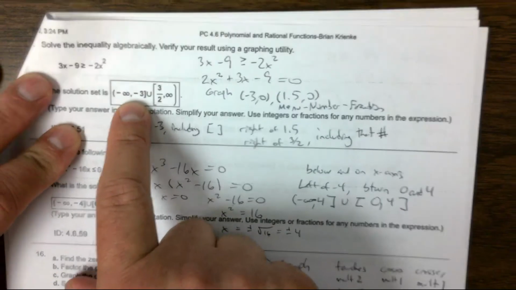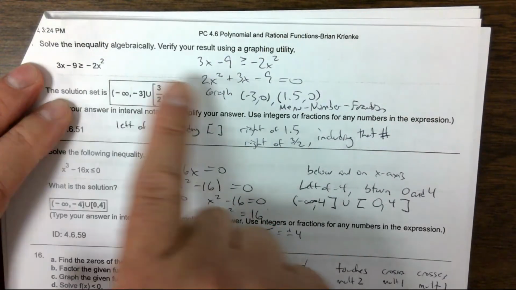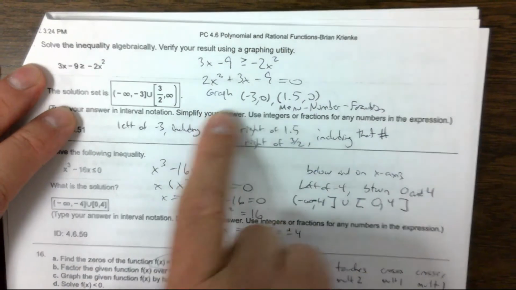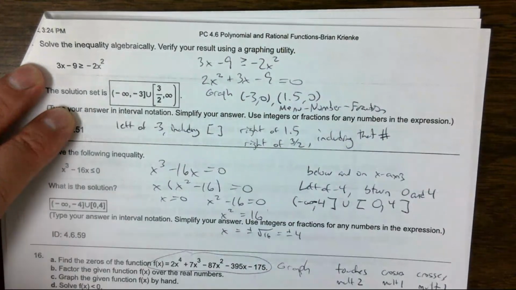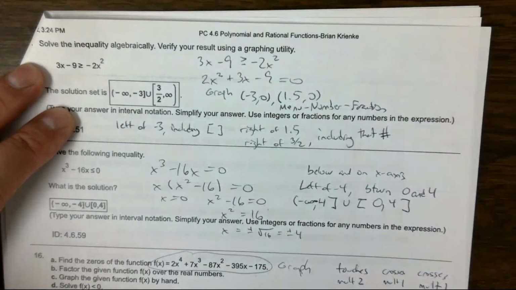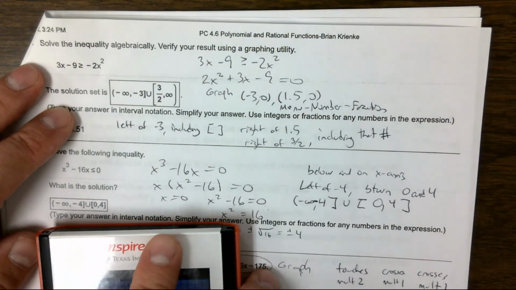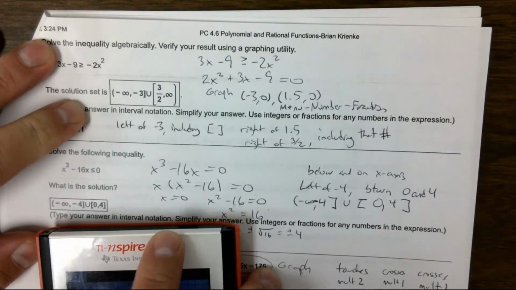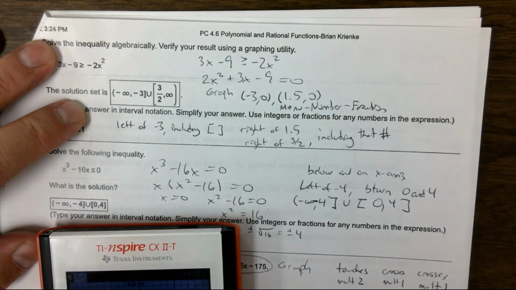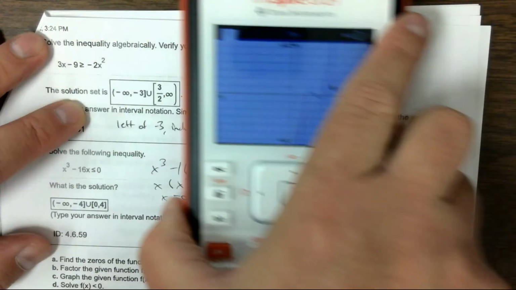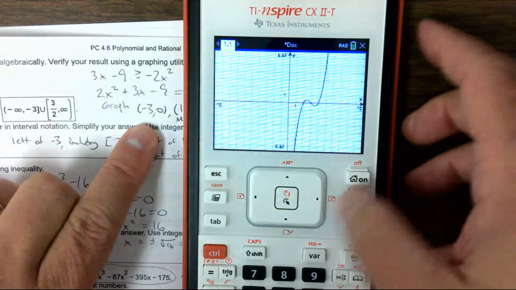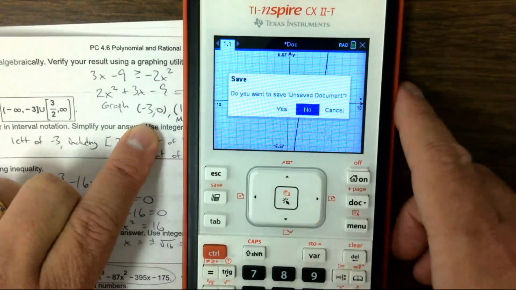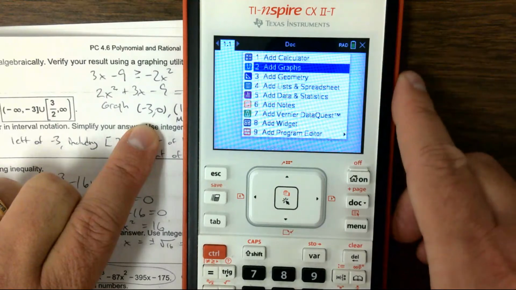Now on this one, our first step would be add 2x squared to both sides and then graph it. You could have really done the Berry method or the quadratic formula or trial and error, like guess and check with FOIL, but I would probably just graph it. So like when in doubt, graph.